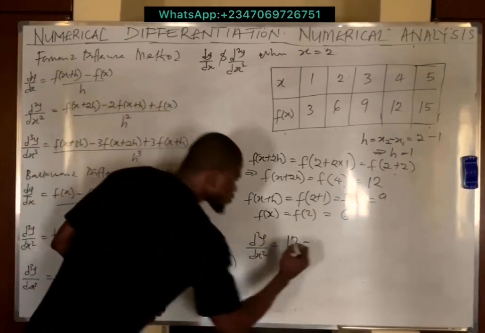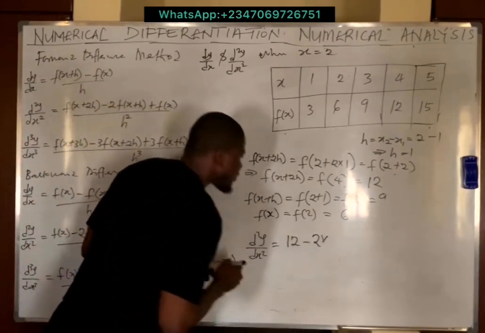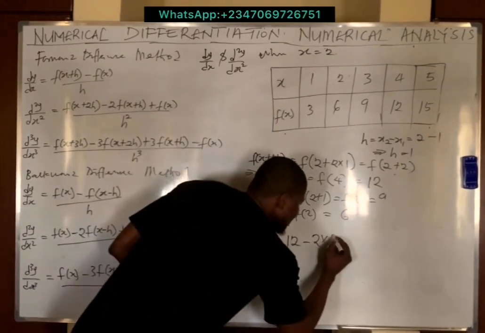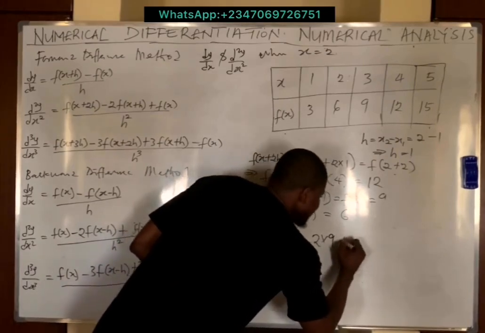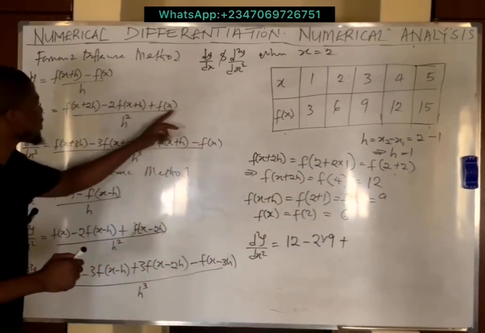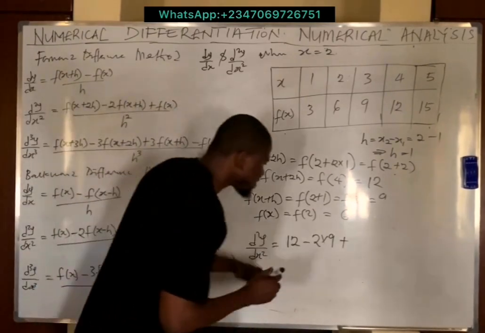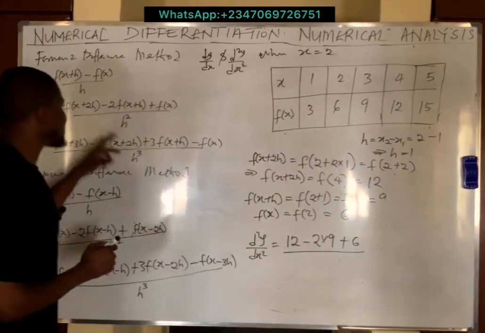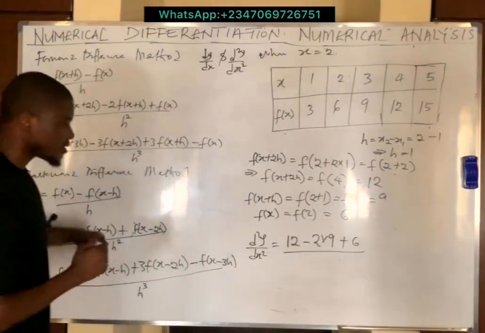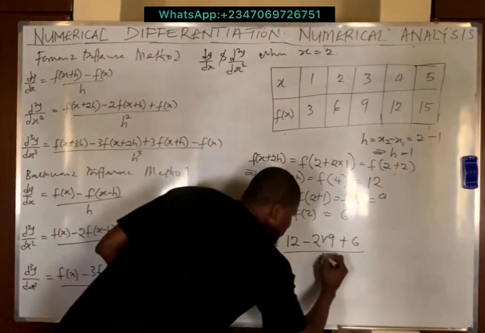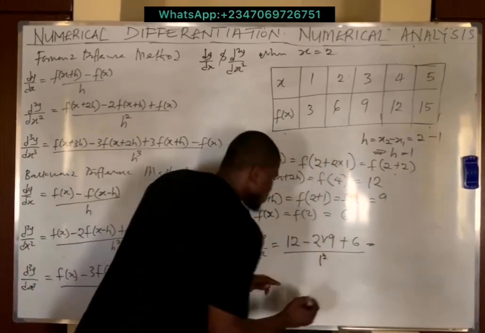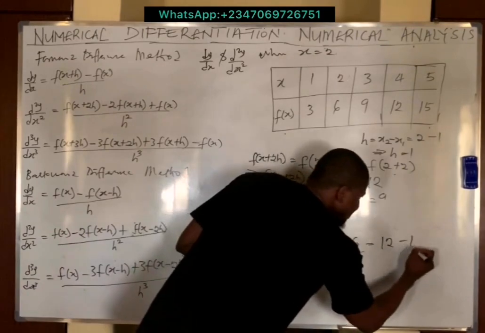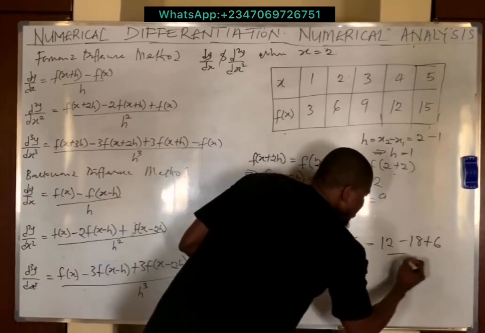Remember, f of x plus h gave us 9, so you have 2 times 9, plus f of x, and f of x gave us 6, divided by h squared, and h is 1, so it becomes 1 squared. So this is going to be equal to 12 minus 2 times 9, which is 18, plus 6, all over 1 squared, which remains 1.